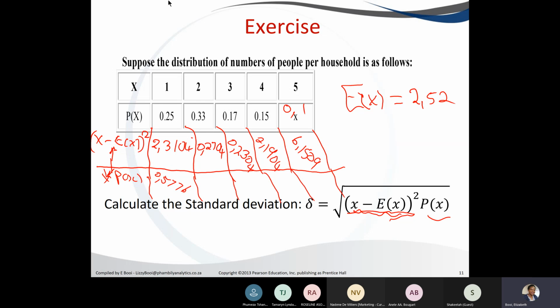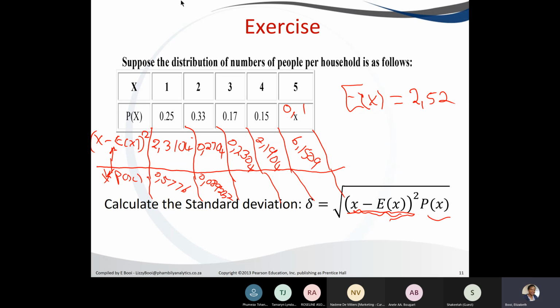And 0.2704 multiplied by 0.33, we get 0.08932.